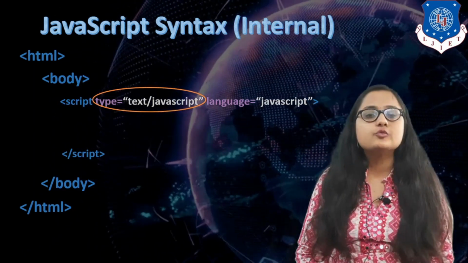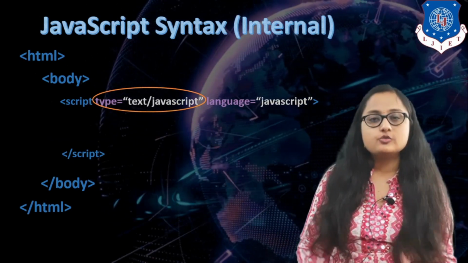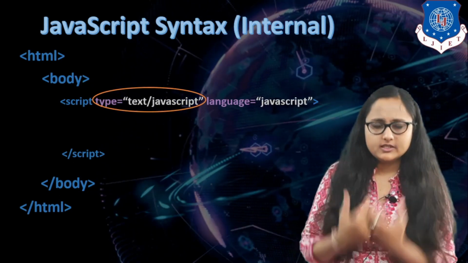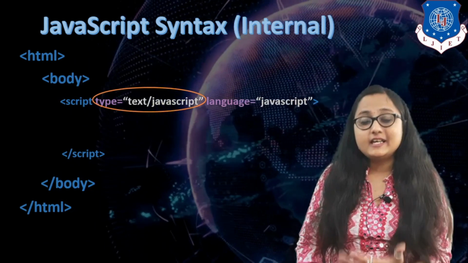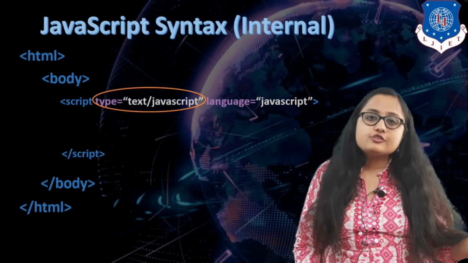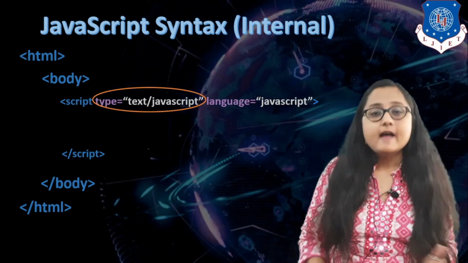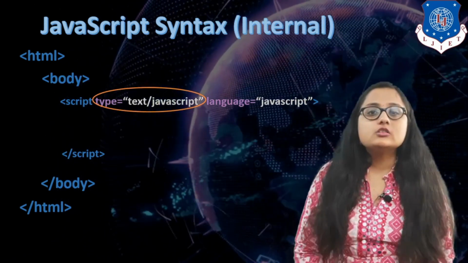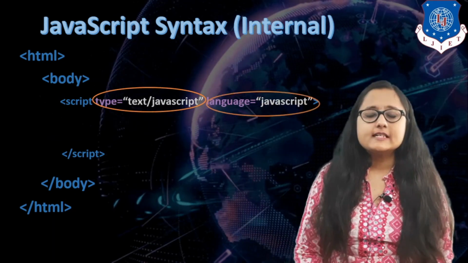In that also you will be writing type is equal to text/CSS, because you are writing the data in textual format, so the text is there. /CSS or /JavaScript indicates what type of data you are writing. In CSS, because you are writing CSS styling information, you are writing text/CSS, but here you are writing JavaScript, so the value is text/JavaScript.